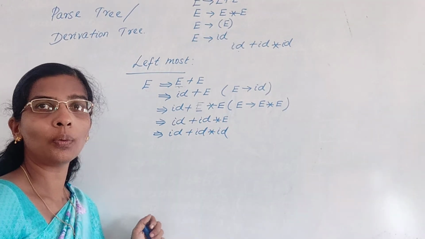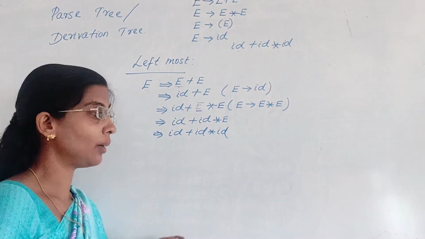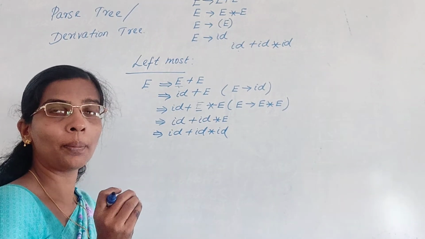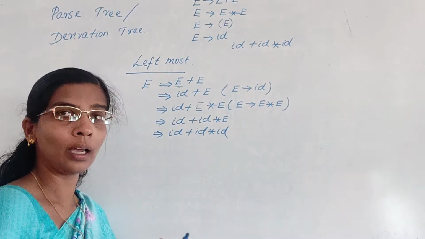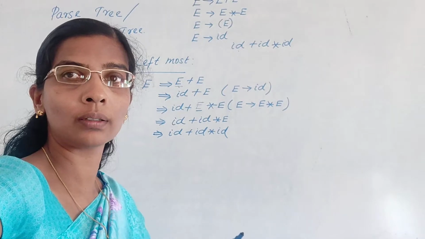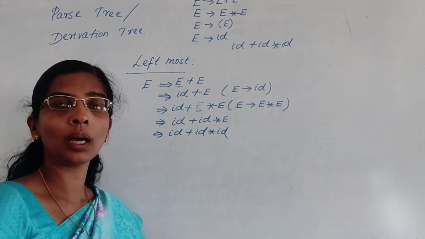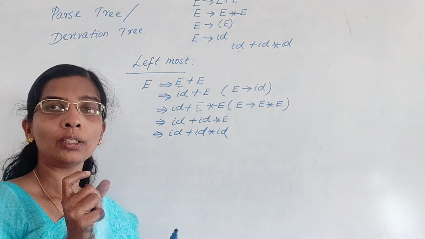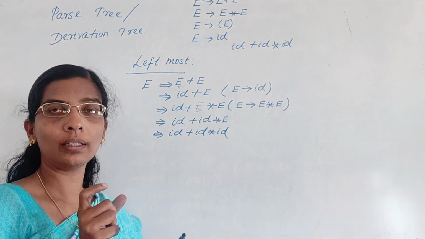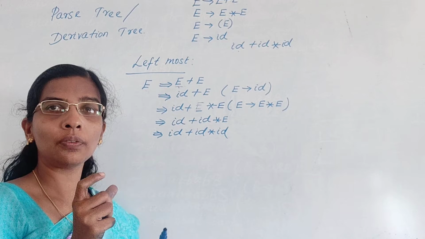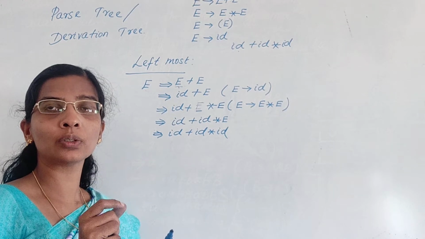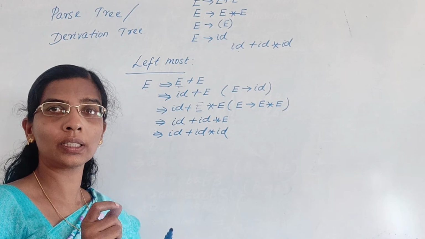Now what I have to do is draw my parse tree. While drawing the parse tree, you have to keep in mind, I told you it is a tree. Derivation, if I denote it in the form of a tree, is known as parse tree or derivation tree.